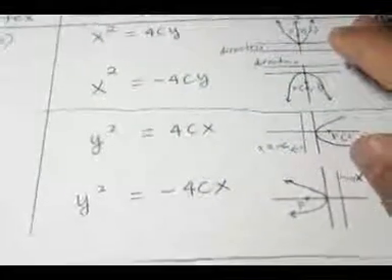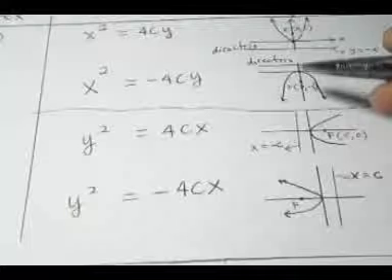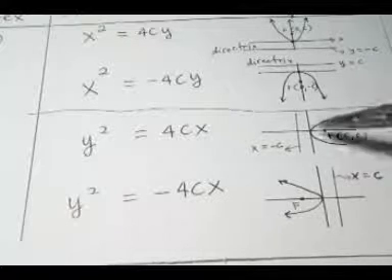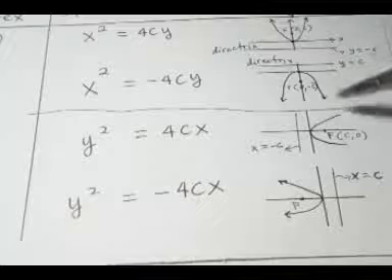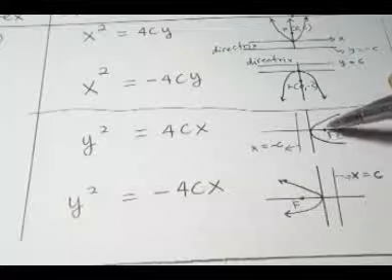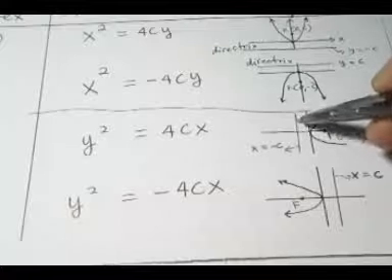If, on the other hand, the parabola, again with its vertex at the origin, is open to the right, here is the focus. It is inside the parabola, and this is the directrix.